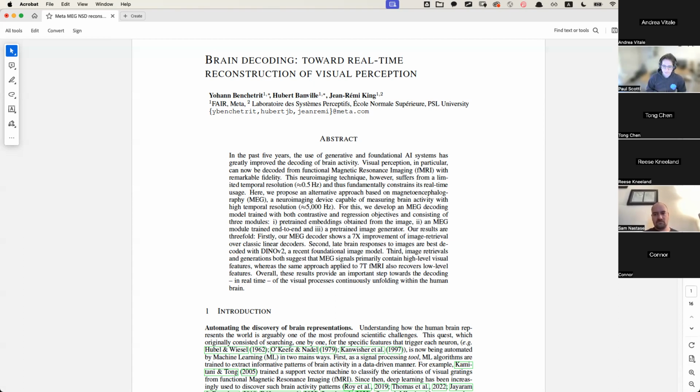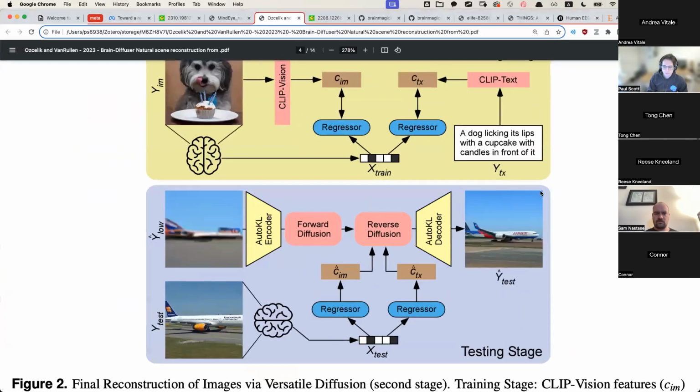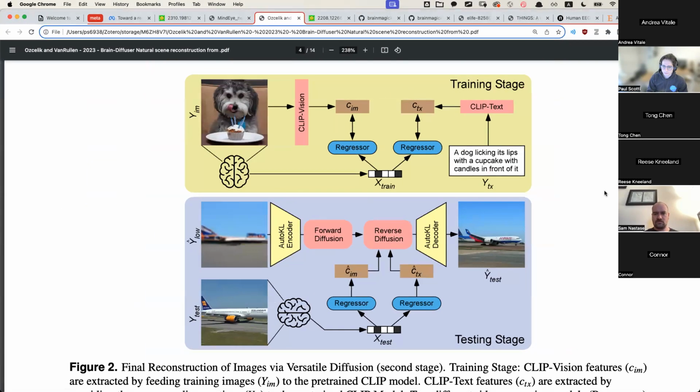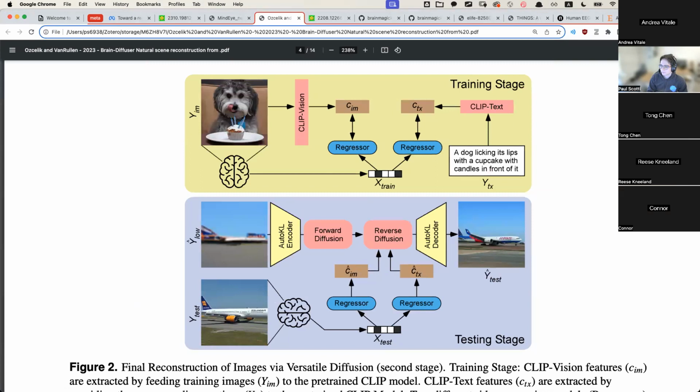One point was about the worse accuracy in the reconstruction of low-level features as compared to high-level features, in the table that you showed before. One possible reason for this difference in accuracy is that for the alignment training phase, they use basically all the sensors of the brain.